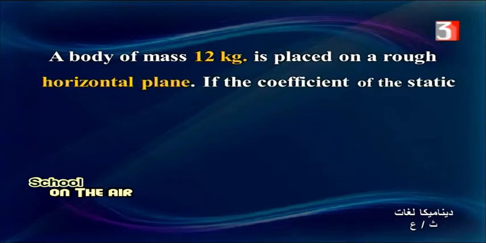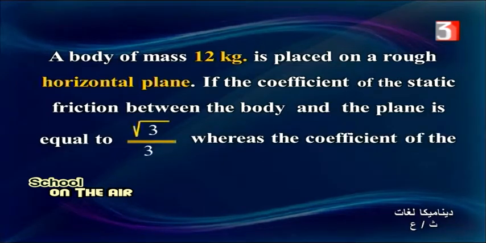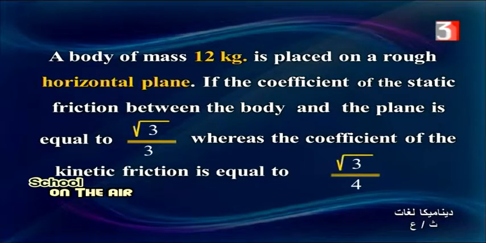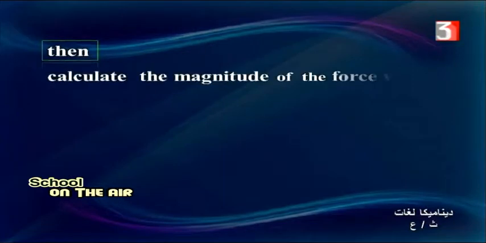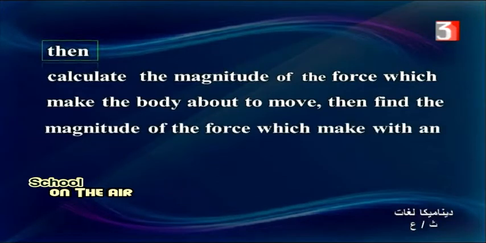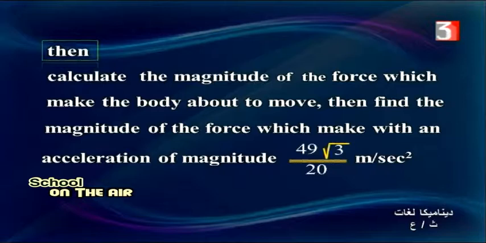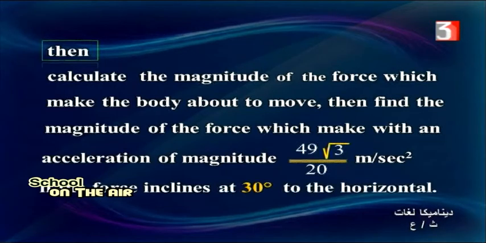If the coefficient of static friction between the body and the plane is equal to √3/3, whereas the coefficient of kinetic friction is equal to √3/4, then calculate the magnitude of the force which makes the body about to move, then find the magnitude of the force which makes it move with an acceleration of magnitude 49√3/20 meter per second squared if the force inclines at 30 degrees to the horizontal.